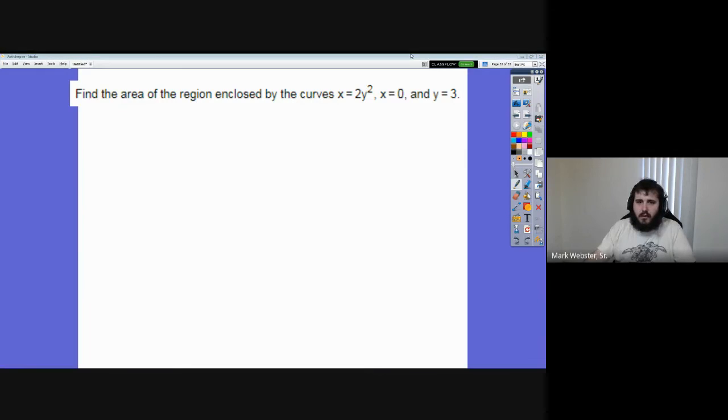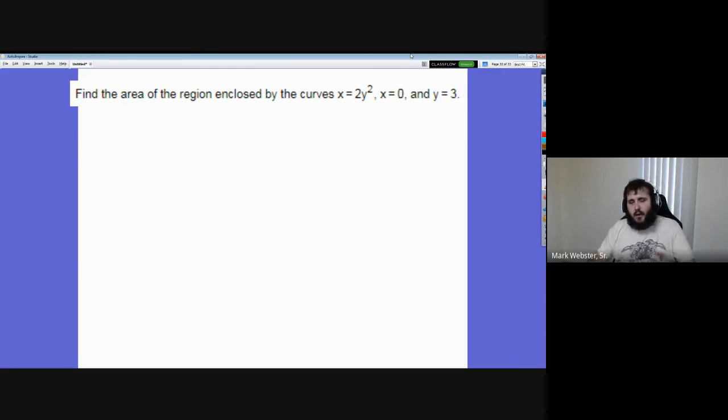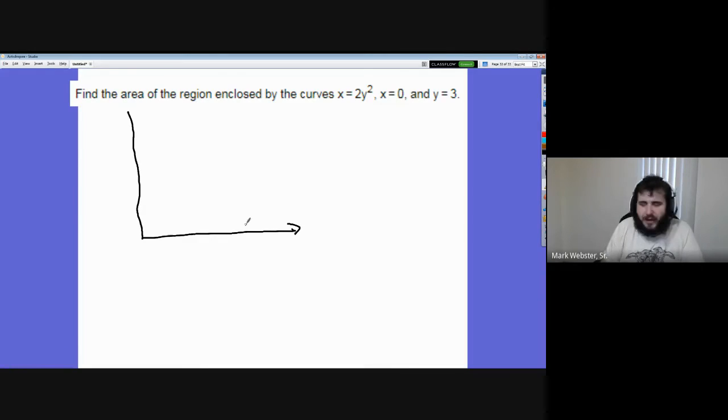We're going to find the area of the region enclosed by. So now we have 3 different curves. And once again, it really does help to draw the picture. Maybe drawing straight would be even more helpful, right? I've come to terms with my inability. That's okay.